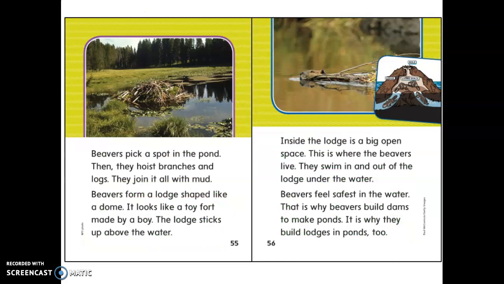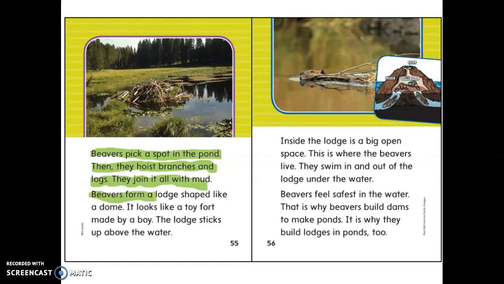Next page, ready? Read. Beavers pick a spot in the pond. Then they hoist branches and logs. They join it all with mud.